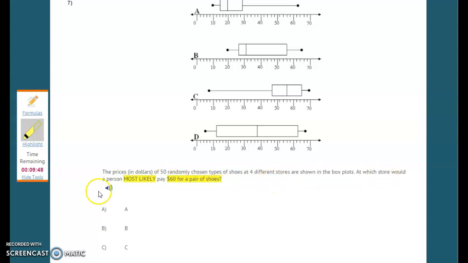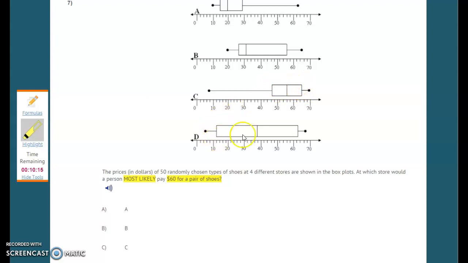So which store would a person most likely pay $60 for a pair of shoes? So you're going to come up here and you're going to see which of these do you see on the box plot where it seems that most of the data, which are the boxes, right? Your data is the boxes. These are your ranges, okay? Each of these are your ranges.